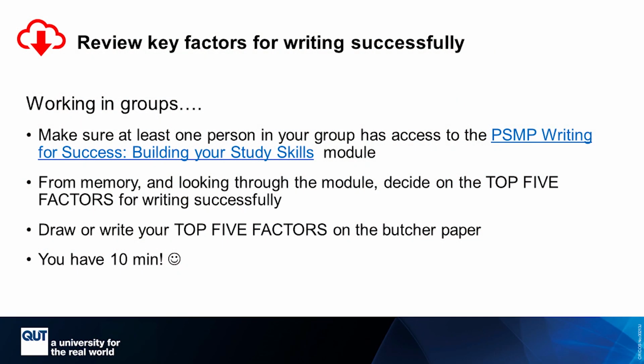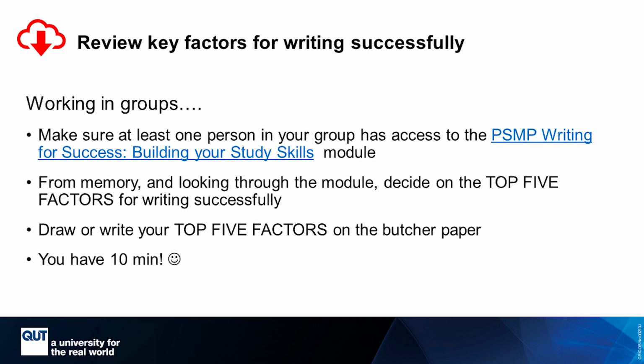And our first activity this afternoon is, I'm going to give you exactly 10 minutes, which doesn't sound like a long time, which isn't a long time, 10 minutes in your groups to think about what are the top 5 key factors of writing successfully. What do you think would be the top 5?